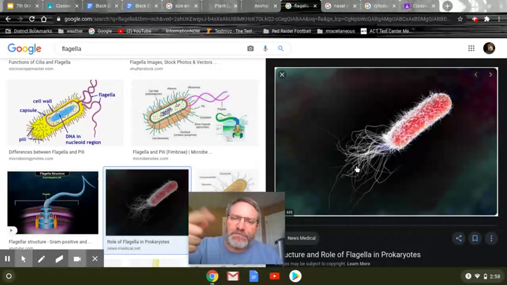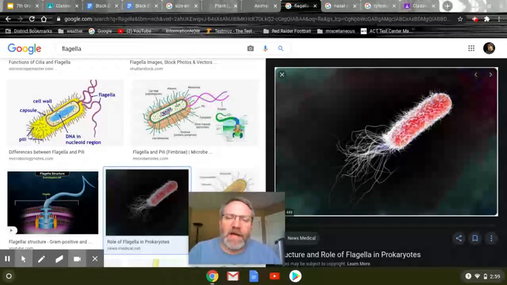These things spin around real fast and they propel it through water, or through a liquidy environment. So basically, it's what a bacteria can use to get itself to move around inside of an environment that is wet. The majority of bacteria that you will find are in environments where it's wet.